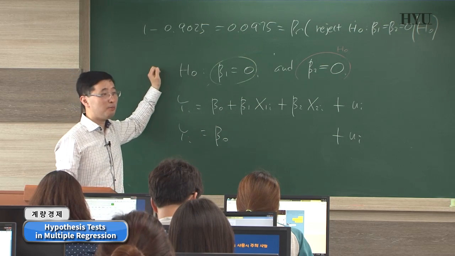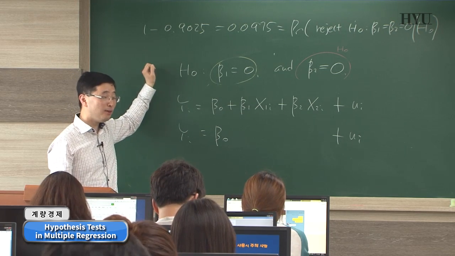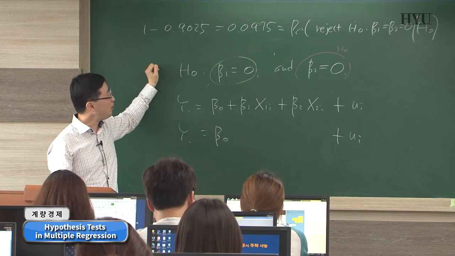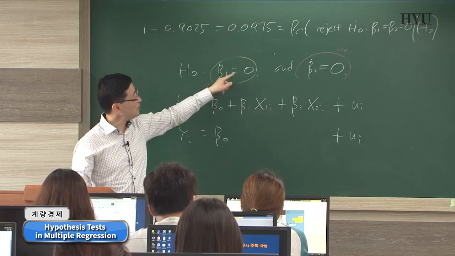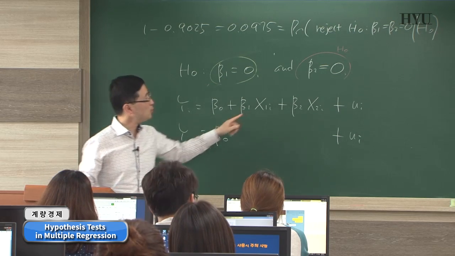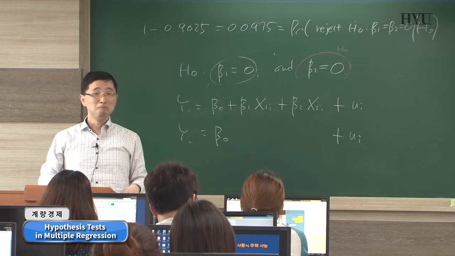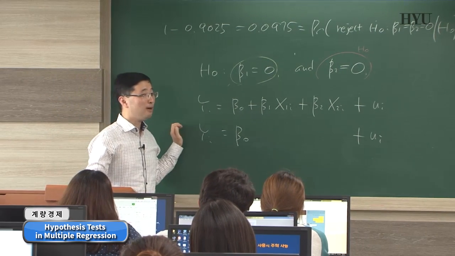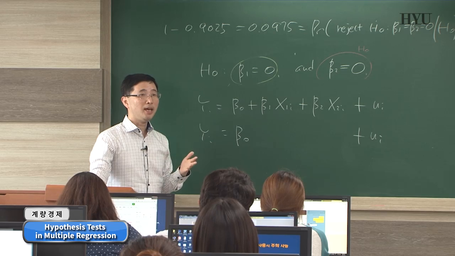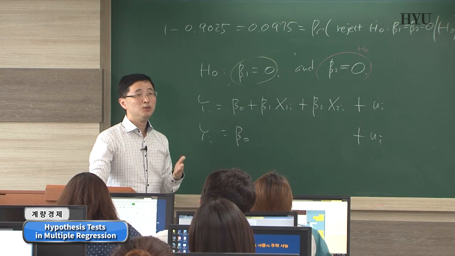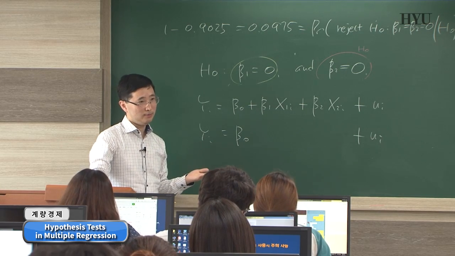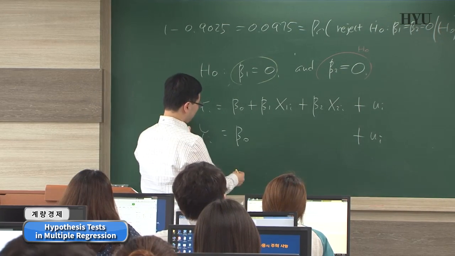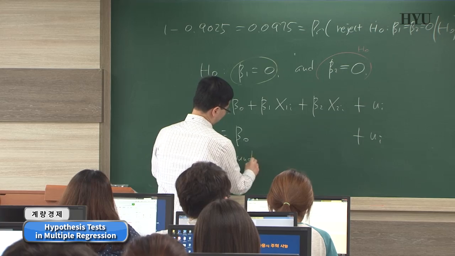Suppose that this is your null hypothesis. Suppose that you really believe in your hypothesis. The hypothesis says that x1 is not useful to understand y, x2 is not useful to understand y. So you have to drop them, right? So somehow this model can be viewed as a regression model strictly believing the null hypothesis. Do you see the point? So it's a model under the null.